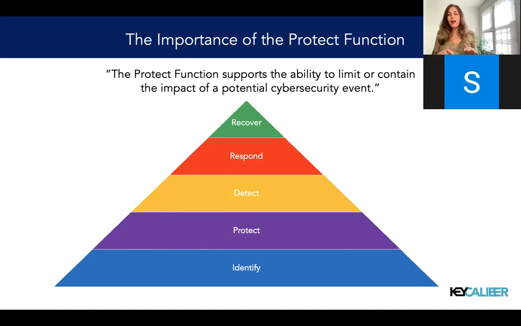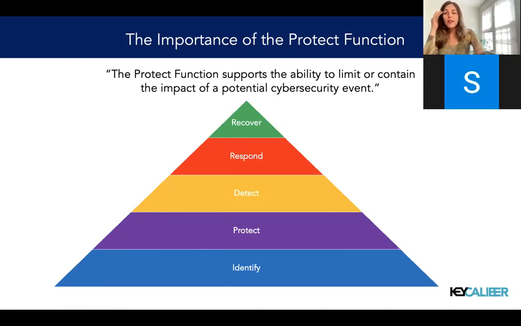Now, I do want to point out, this is our very own view of the world of showing NIST CSF as a pyramid, and this is intentional because all of the categories build on each other. We spent lots of time last month talking about identify. You want to have identify squarely done and in place and effective, and then you build on top of it.